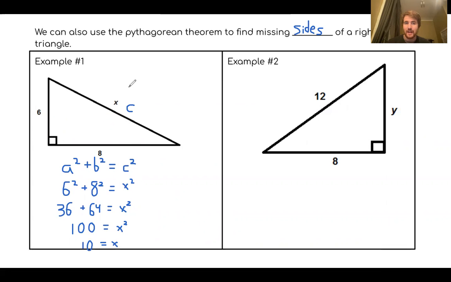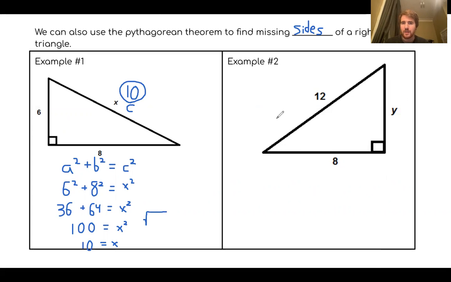So that will tell us the length of this side is in fact 10. So that's how we can use the Pythagorean theorem to find a side of a right triangle. Now, if you can't figure this out, when you have x squared, you can use square root on your calculator. It's a button that looks like this. I can show you in class. That will find the missing side of the right triangle.